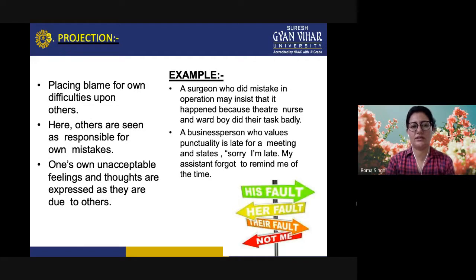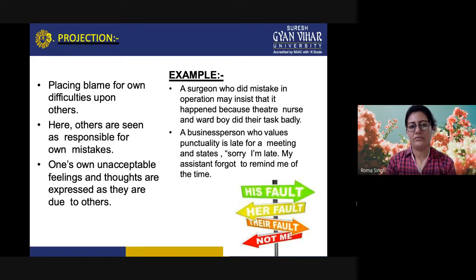Now, the next mechanism is projection. It is placing blame for one's own difficulties upon others. This is how one projects one's own faults on others. Here others are seen as responsible for your own mistakes. One's own unacceptable feelings and thoughts are expressed as if they are due to others.